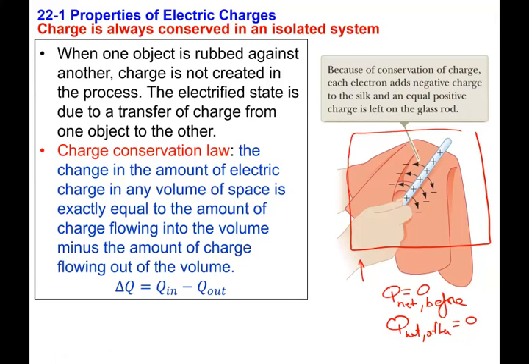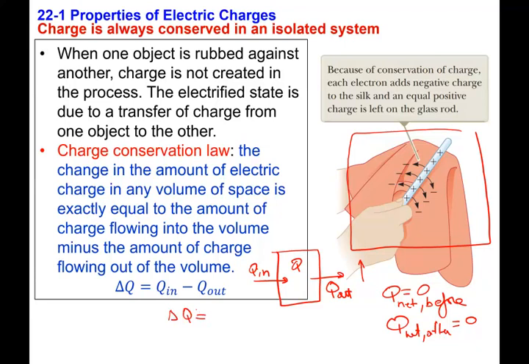The change in the amount of electric charge in any volume of space is exactly equal to the amount of charge flowing into the volume minus the amount of charge flowing out of the volume. So if you take a system that has a charge Q, and if you bring in Q in, but somehow you take some out from it, then delta Q is the change in the charge of this system.